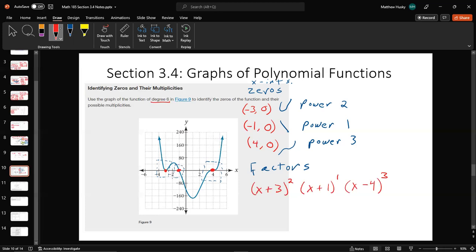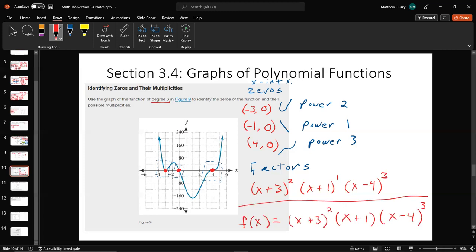So if I were to write a function for this, I would say f of x equals x plus 3 squared times x plus 1 times x minus 4 to the third. And one thing I want to come back to, because I have not yet mentioned it: the degree, which is 6, is going to be the sum of all multiplicities. That is what the degree will be.